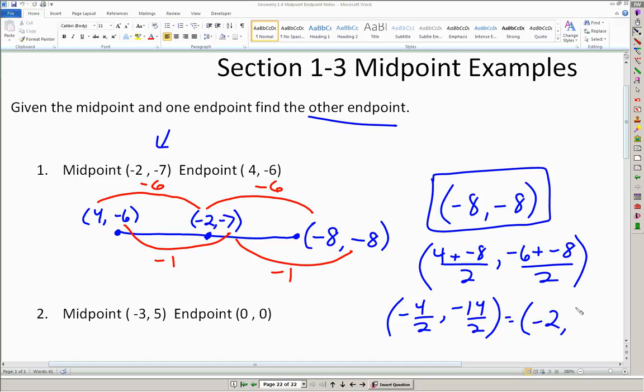And -14 halves is -7. And guess what? That is the same as our midpoint. So it checks out just fine. You don't have to check it. Maybe you want to check it mentally. Maybe you want to write it down. But it does work. If you check the answer endpoint with the given endpoint, you will get the midpoint.